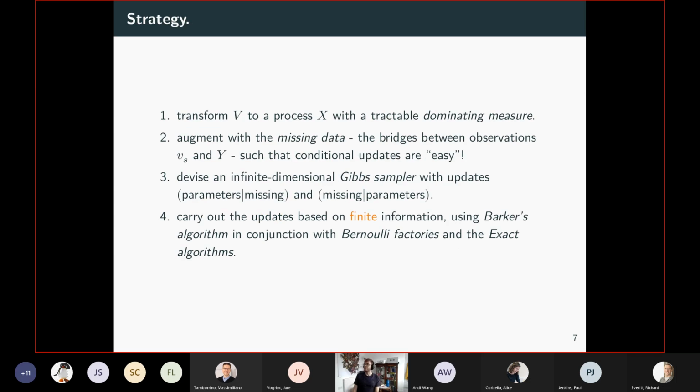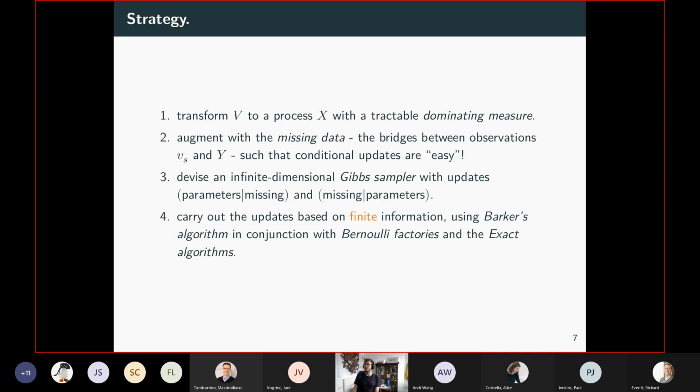The high-level strategy to achieve those goals essentially consists of 4 steps. In the first step, we want to take that diffusion process V and transform it to another process with a tractable dominating measure. I'll explain what exactly I mean by that in the next slide.